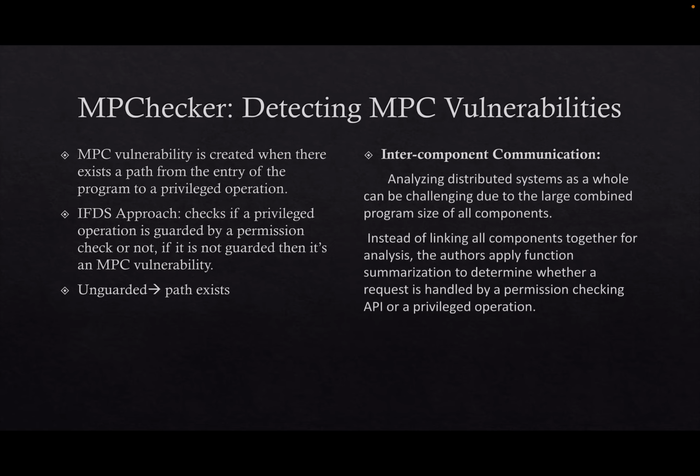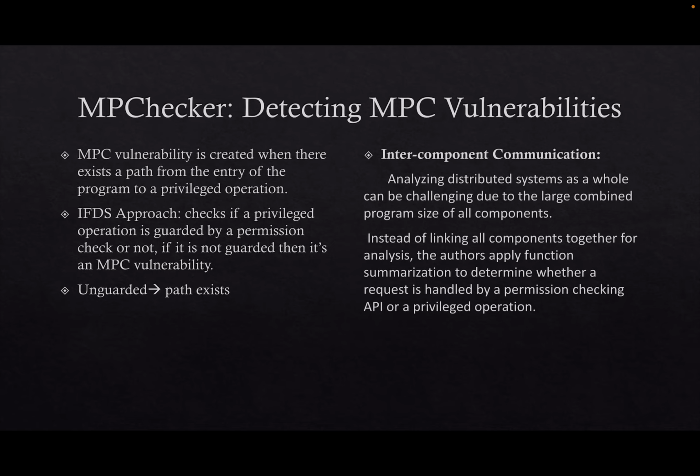Second is intercomponent communication. In detecting MPC vulnerabilities, we have to take care of intercomponent communication. Analyzing distributed systems as a whole can be challenging due to the large combined program size of all the components. So instead of doing that, we can handle intercomponent communication by proposing a user-specific approach to resolve the target of a client request.